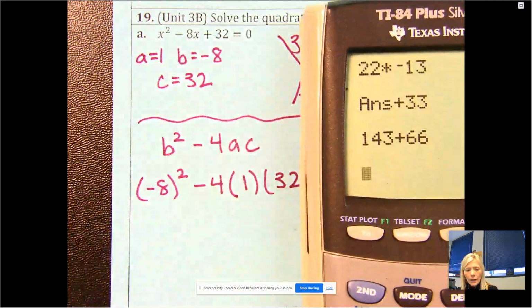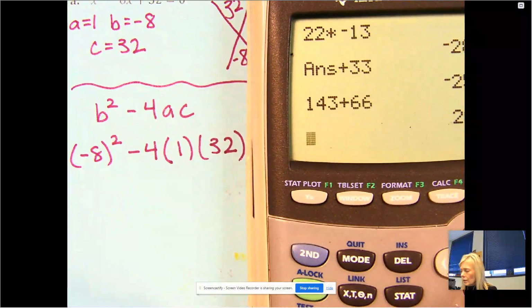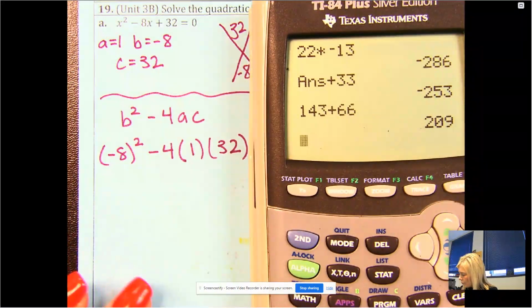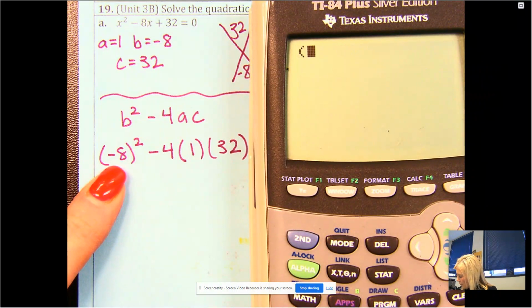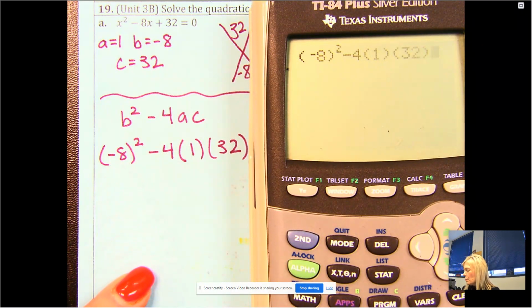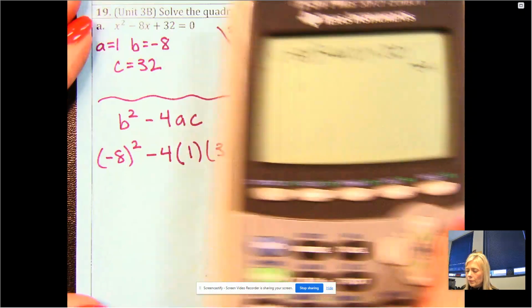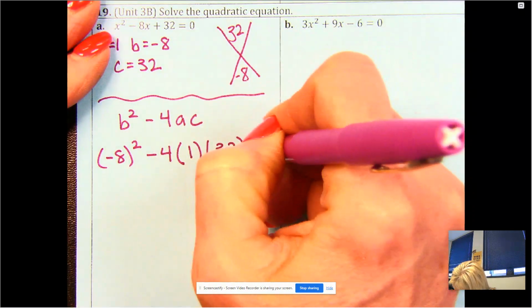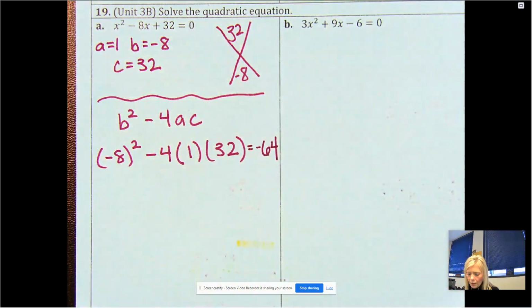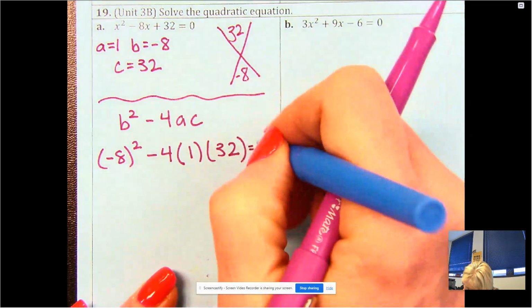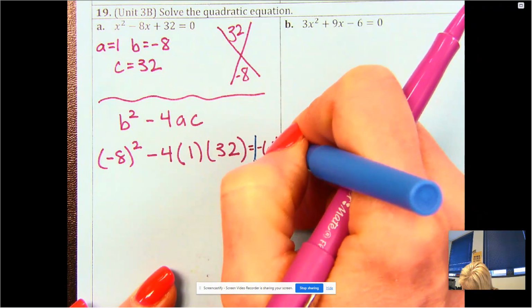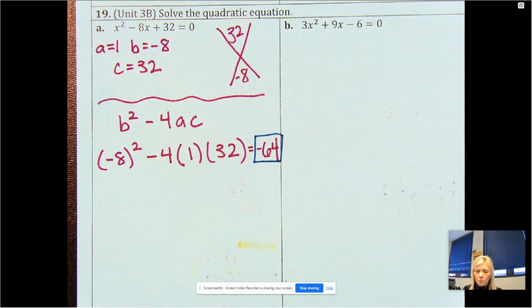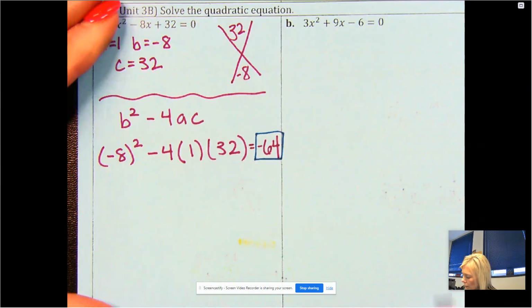Okay, and when I put it in the calculator, I'm going to put it in just how you see it. So that -8 has to be in parentheses, then squared, minus 4 times 1 times 32. I probably didn't need to put the times 1 in there. We get -64. Okay, so this is -64. And in my classroom, there's a little thing on the wall, and I said, put a box around it. You're going to put that into the rest of the formula.